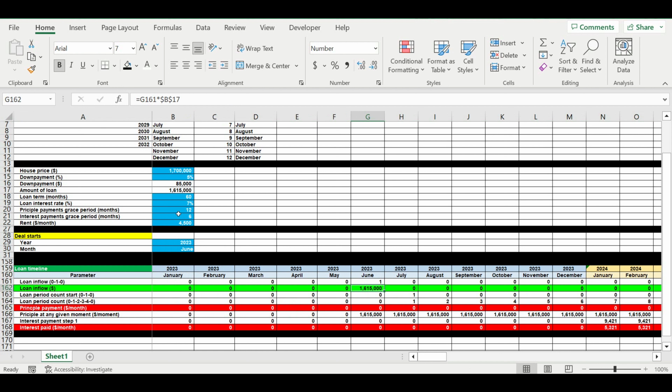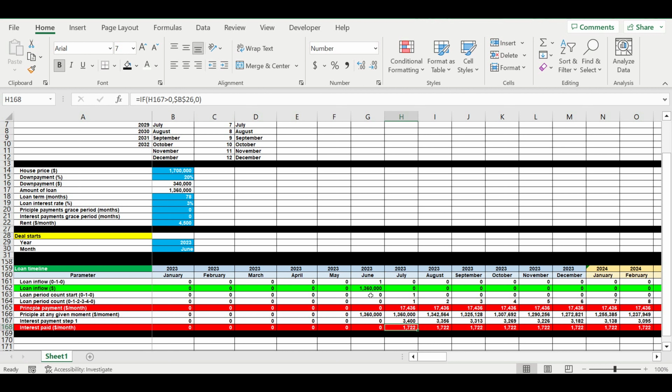We can play with the amount of down payment. We can play with grace periods. We can play with the loan term, the interest rate.